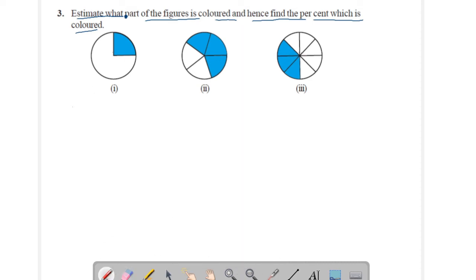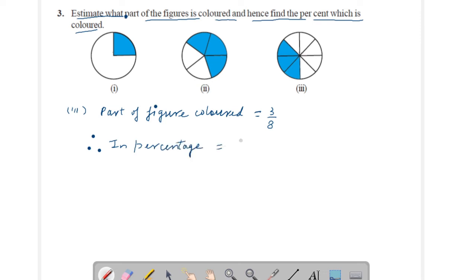Now come to third part. Part of figure colored is 3 upon 8. Therefore, in percentage, it is 3 upon 8 into 100%.